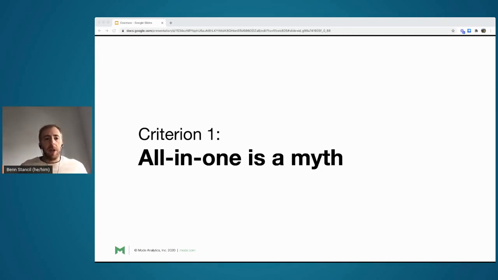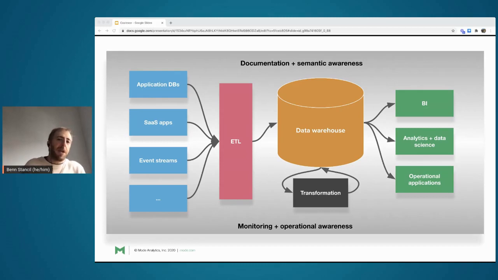The first one: all-in-one is a myth. This is something that Drew touched on a little bit, I think in his Renaissance phase or maybe his prehistoric phase. This is fortunately not that controversial anymore, but I think it's worth noting why. It was something folks chased for a while: hey, we have one tool that handles everything. This is a myth because the system is now too complicated for one application.